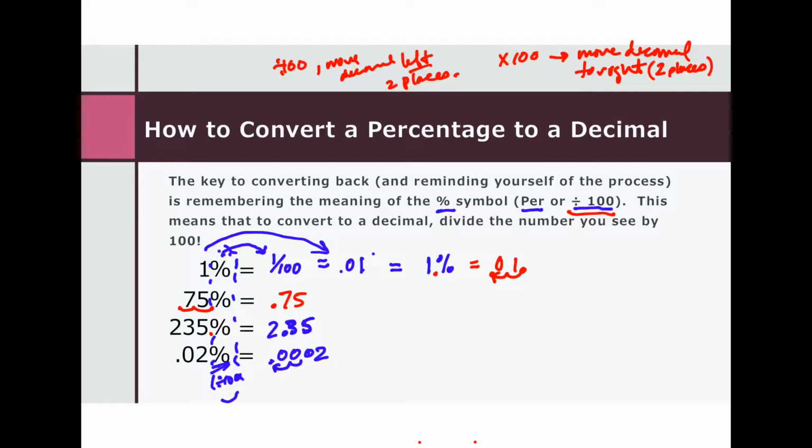And then to add that symbol, if I start out with 0.01 and I want to express it as a percentage, we want to multiply by 100, making it 1.0. And then to balance out the fact that I multiplied by 100, I put the symbol on there, which means divided by 100. So I balanced out that multiplication by 100 with an implied division by 100.